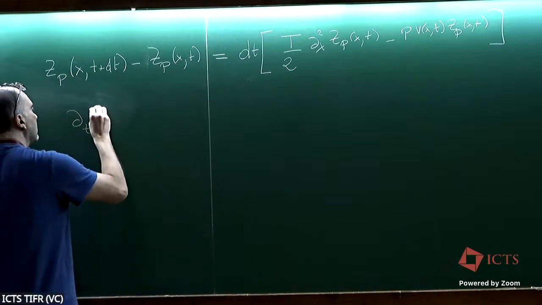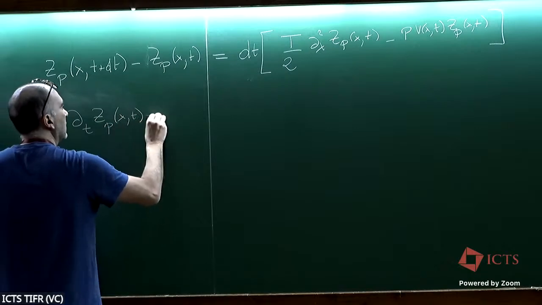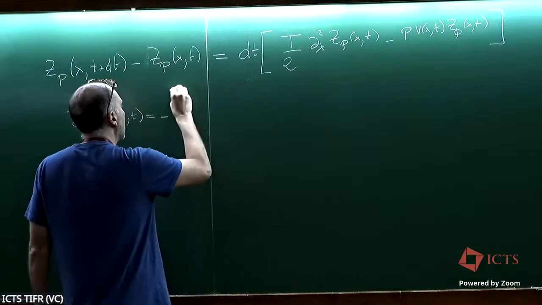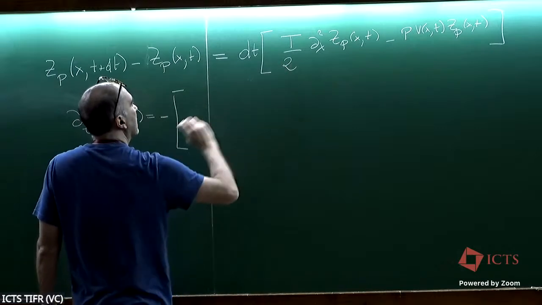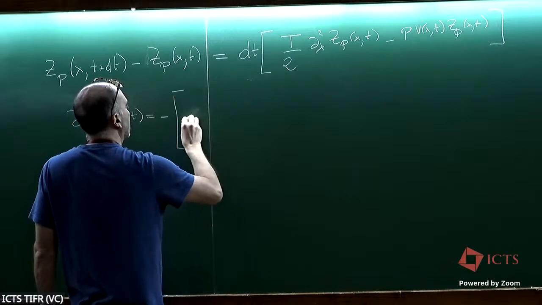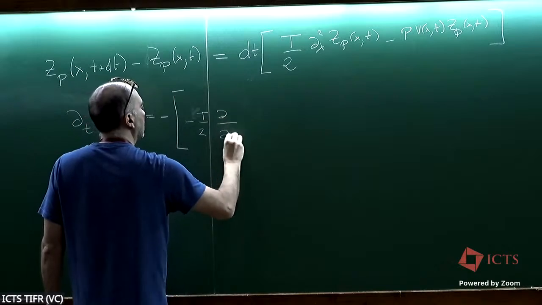I have the derivative of z_p(x,t) is equal, I like to write it in this way, minus p by 2 second derivative of x.